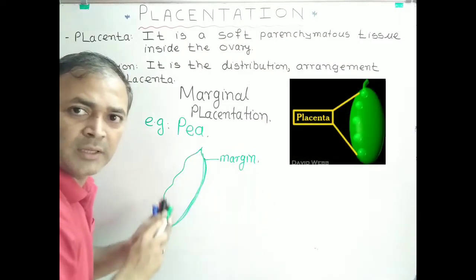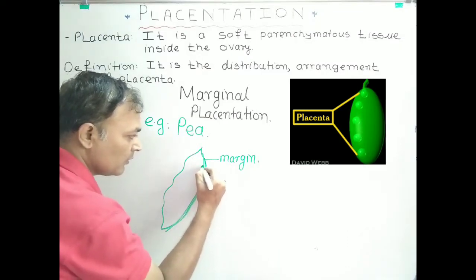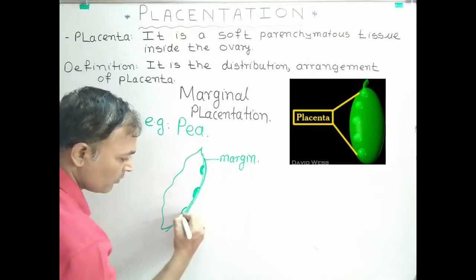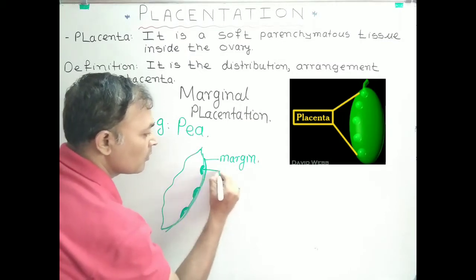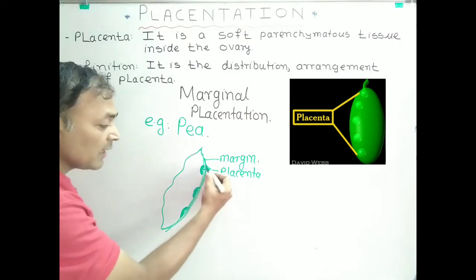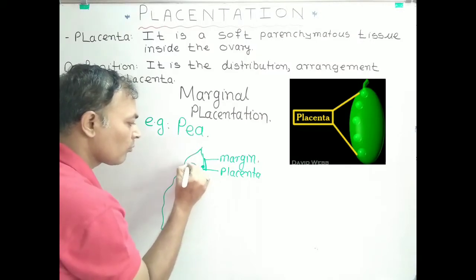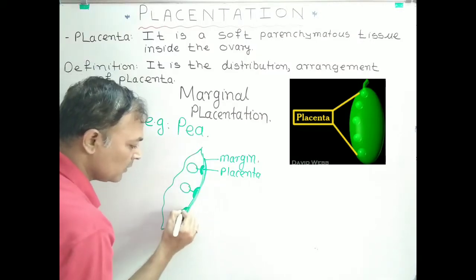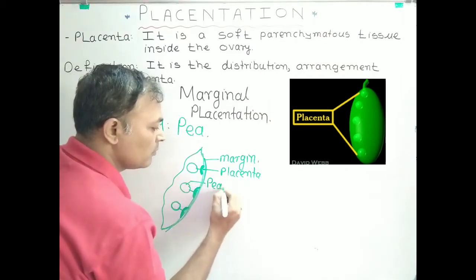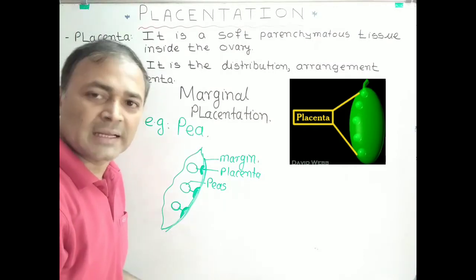When we open this pea, we can see that there is a placenta inside. Where is the placenta? Placenta is on the margin. And the peas are inside like this. This type of placentation is called as a marginal placentation.